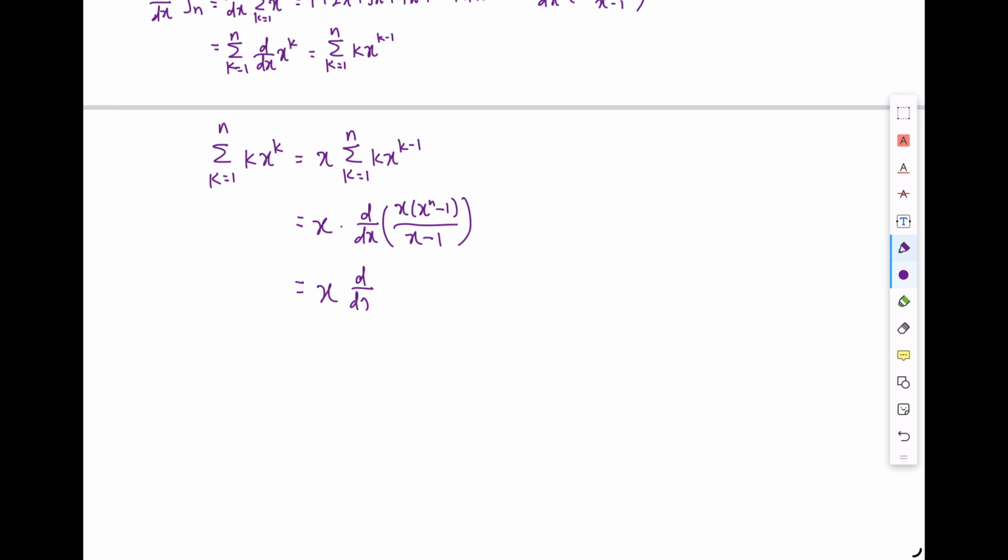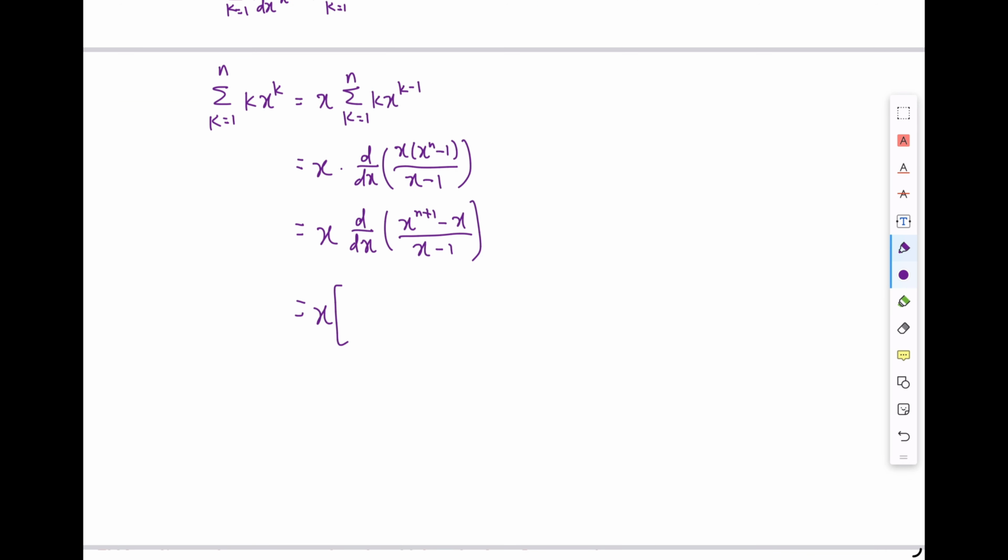I differentiate this, x^(n+1) minus x over x minus 1. And I'm going to use the quotient rule on this. Keep the bottom, differentiate the top, x power n minus 1, and then minus, keep the top and differentiate the bottom, divide by x minus 1 squared.